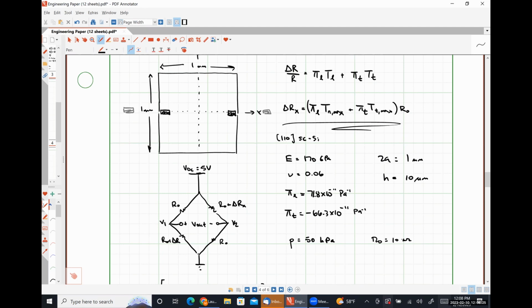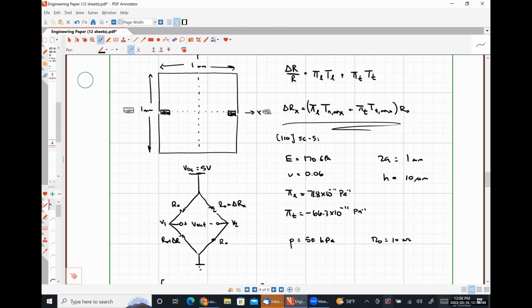Exactly right. So increase the sensitivity of the design, meaning that we would get a larger voltage output for the same change in pressure or differential pressure. So making our resistors longer is going to change R naught.